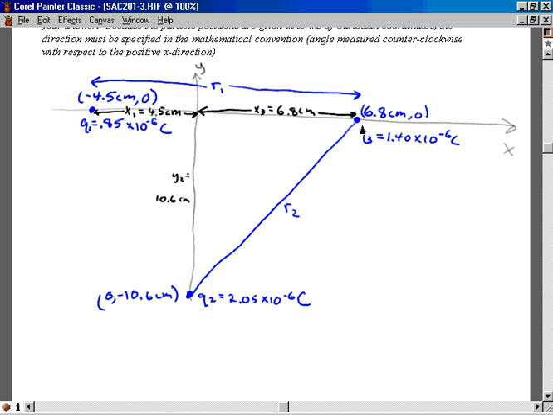In applying Coulomb's law, what matters, with this one being the victim, is its distance from here, which I've indicated as R1, and its distance from particle number 2, which I've indicated as R2. R1 we can calculate as this distance, x1, plus this distance, which I've labeled x3, which is 4.5 centimeters plus 6.8 centimeters.